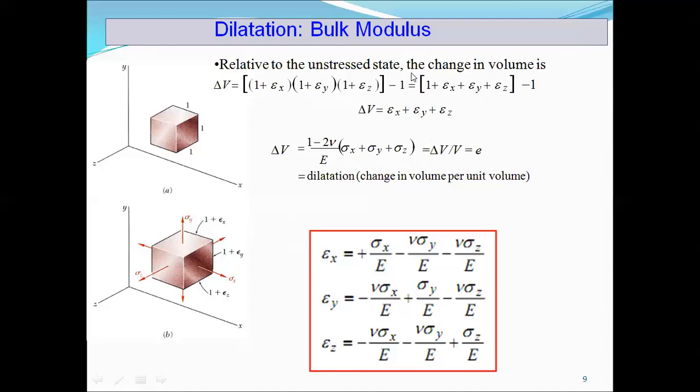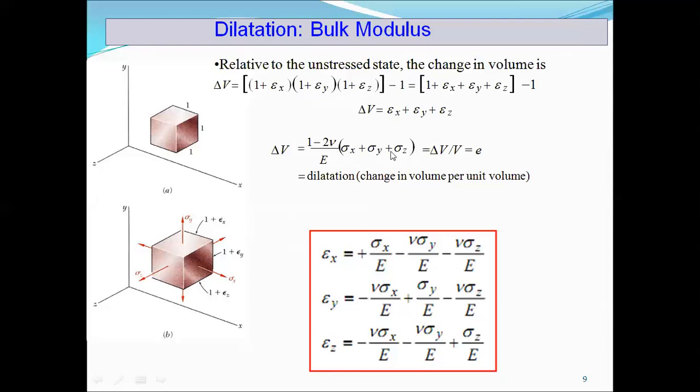Removing this square bracket, here you could see that we have -1, so this one and this one would cancel with each other. So the change in volume, we would get epsilon x plus epsilon y plus epsilon z.